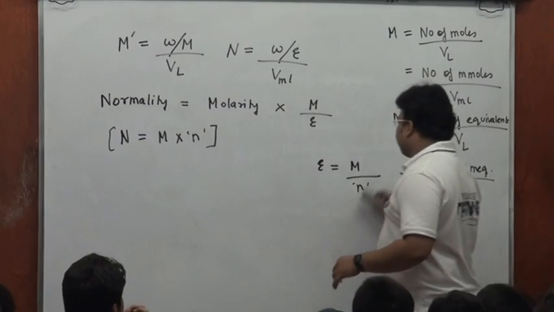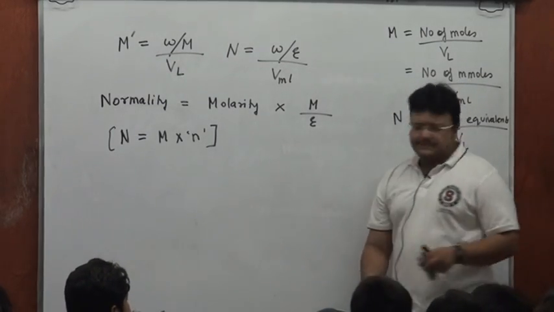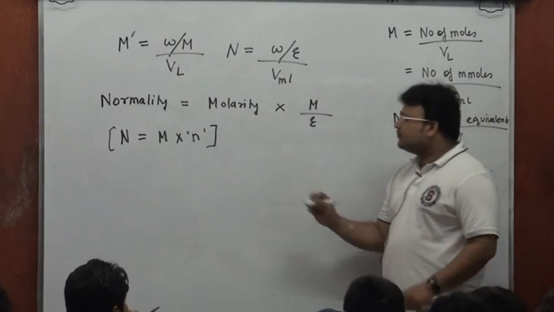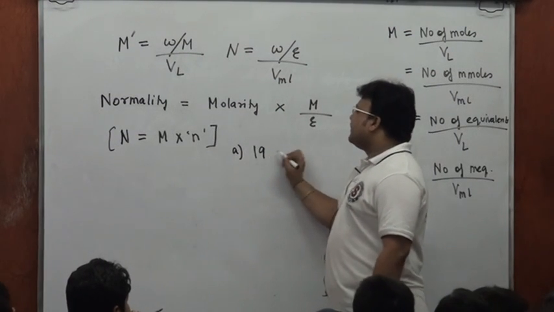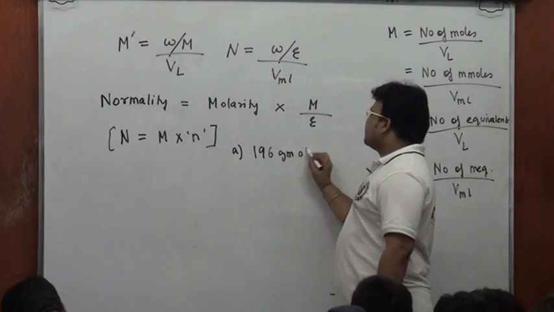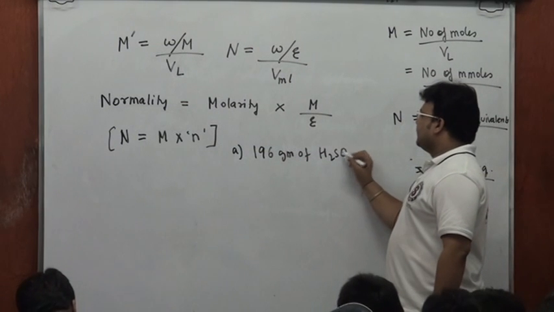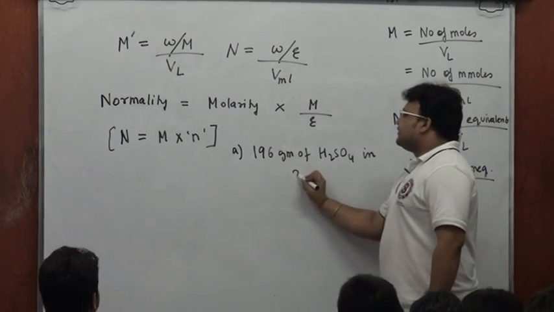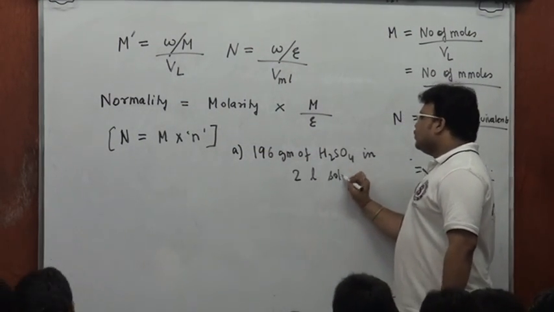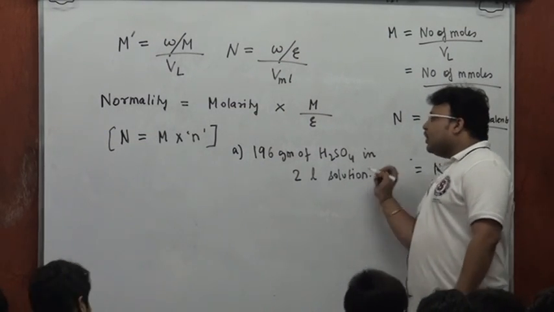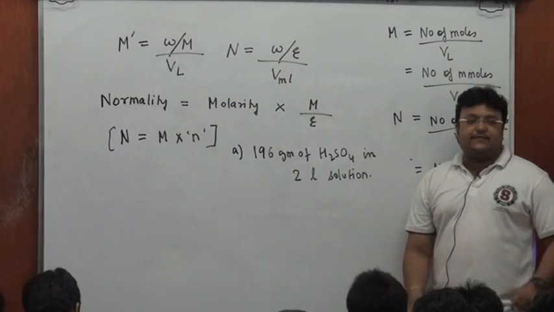Very quickly, let me give you a couple of examples. Say you have a 2 liter solution in which you have dissolved 196 gram of sulfuric acid.